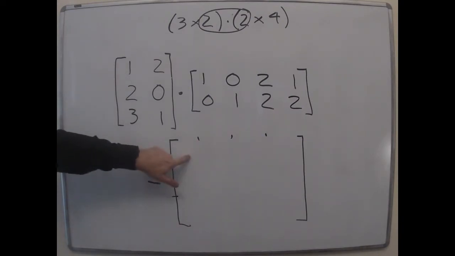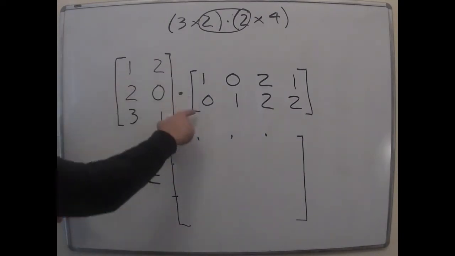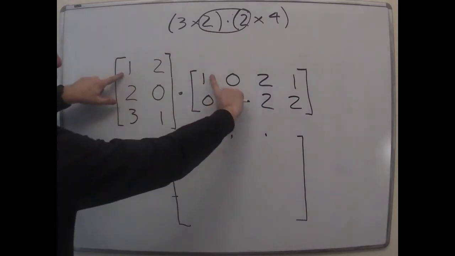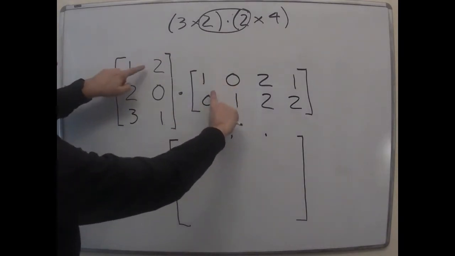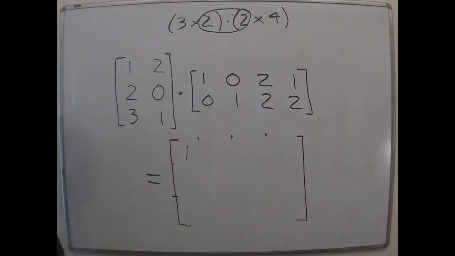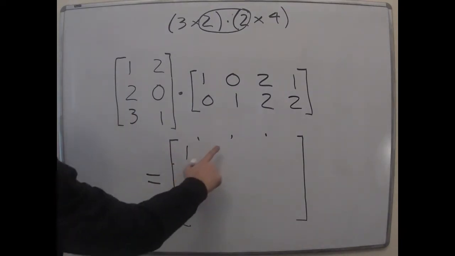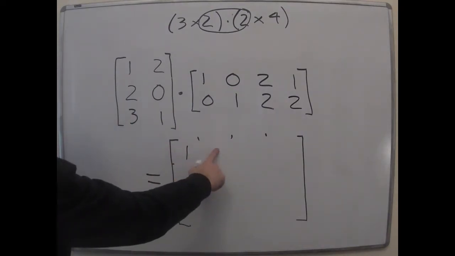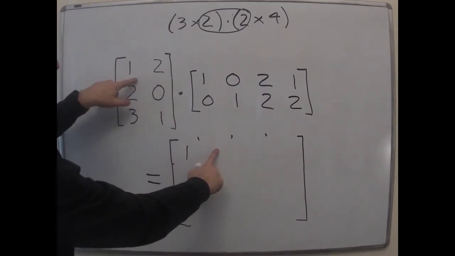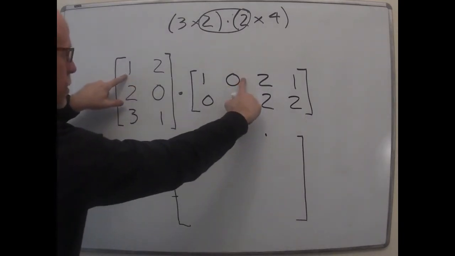All right, let's do our rows into columns bit. If I want the 1, 1 position, I do row 1 with column 1, and I'm going to maybe start going a little faster. 1 times 1 plus 2 times 0, that's a 1. If I want the row 1 column 2 position, that's this row 1 with this column 2. That's 0 plus 2.